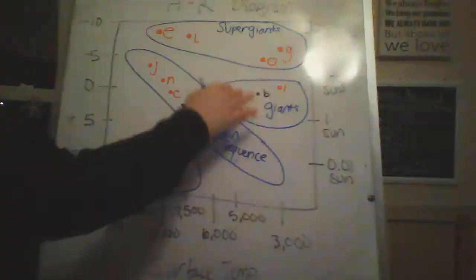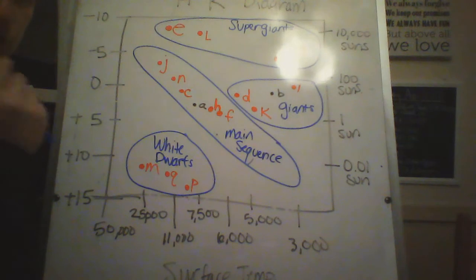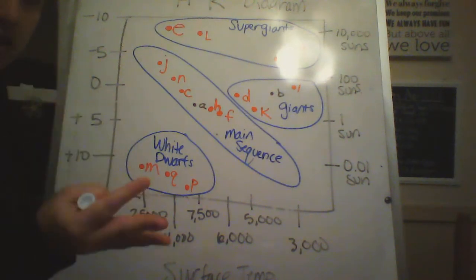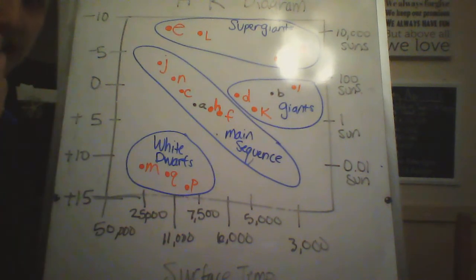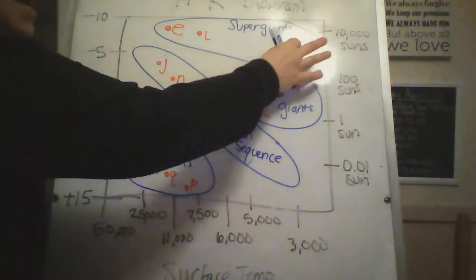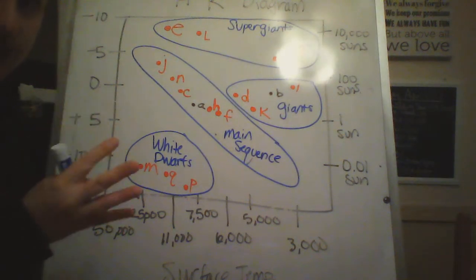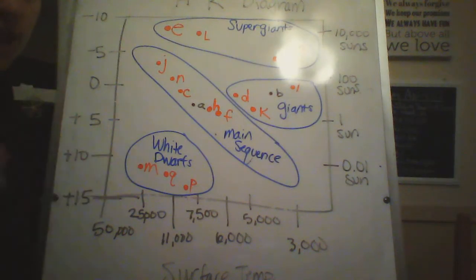We have our giants, which are lower temperature but higher magnitude, which means they're brighter because they're larger and they have more energy to burn. And then at the top we have supergiants. Again, lowest temperature stars, highest magnitude because they're so large. They have a lot more energy to burn, so they burn brighter even though the temperature is lower.